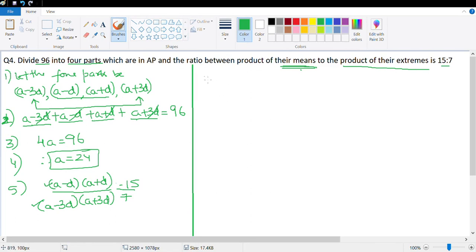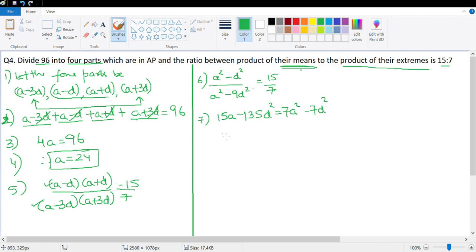Let's open the brackets. So I have a square minus d square upon a square minus 9d square is equal to 15/7. Let's cross multiply. When I cross multiply, I get 15a square minus 15 into 9, that's 135d square is equal to 7 into a square and 7 into d square, 7a square minus 7d square.